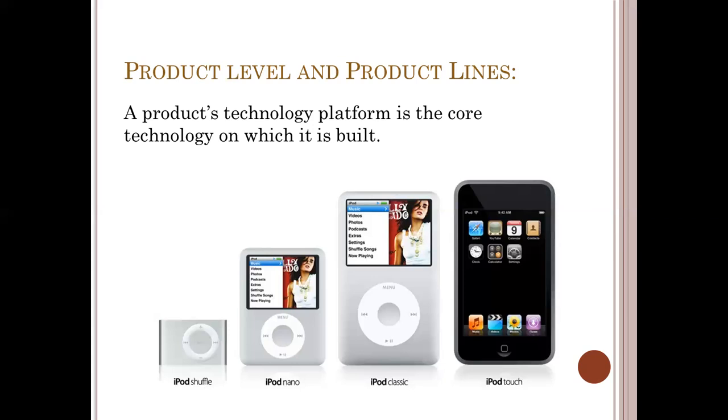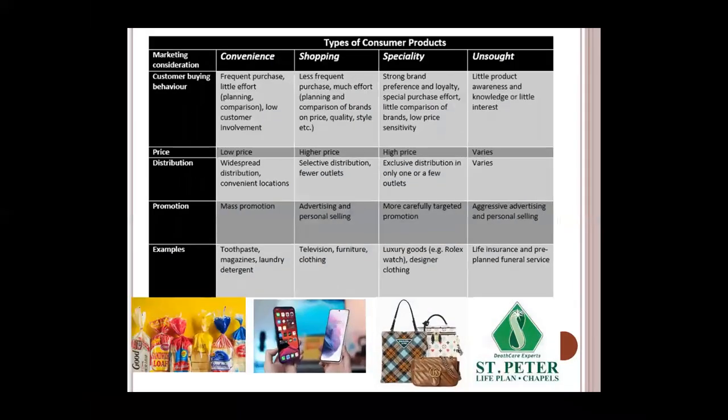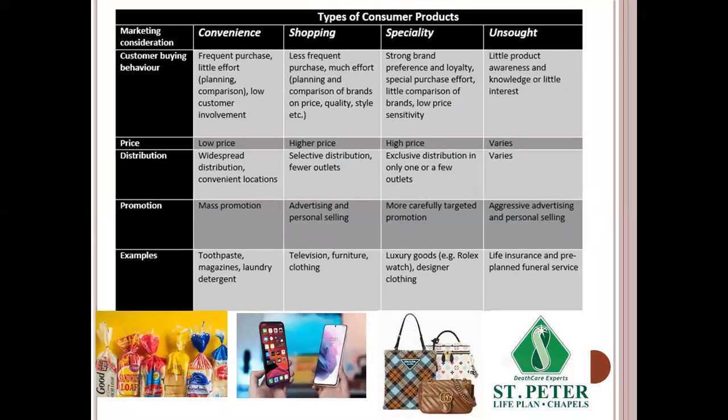Line width is a function of how many different or distinct product lines a company has. The entire assortment of products that a firm offers is called the product mix. So that is product level and product lines.